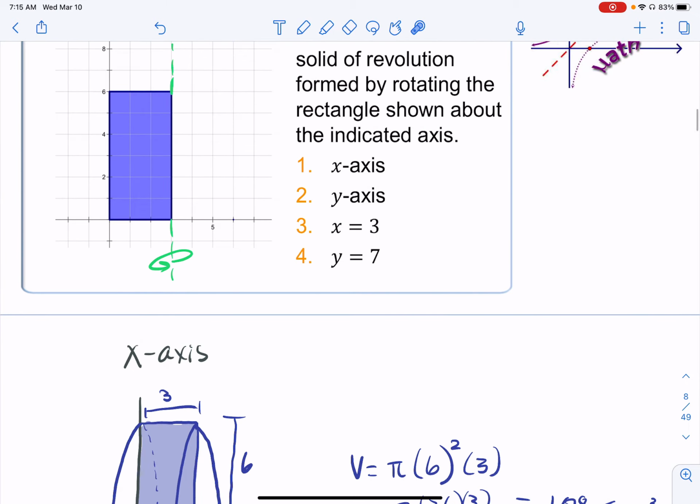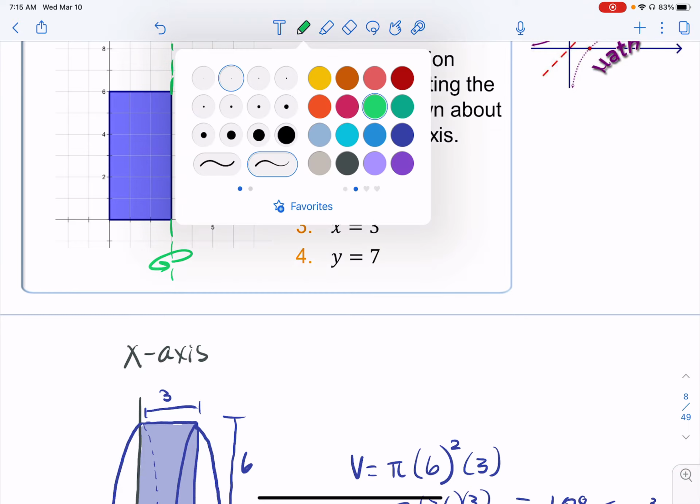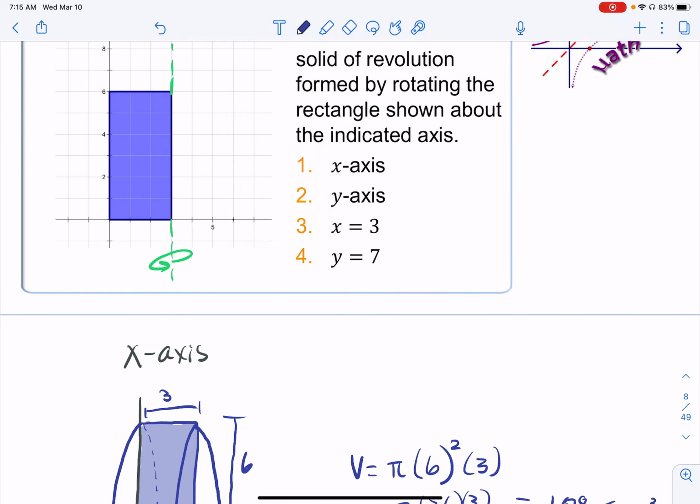I could, if I wanted to, come over here with my purple crayon. Now this shouldn't be dotted, it should be solid. Yep, there you go. And then you connect these, and then like that, you can see that it's the exact same shape. It has the same radius and the same height as the one I revolved around the y-axis, so it should have the exact same volume. All right, check mark. That one is done.